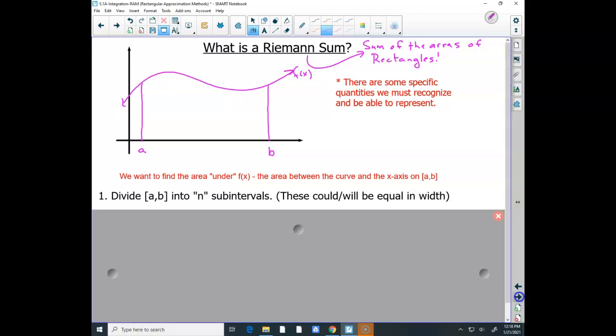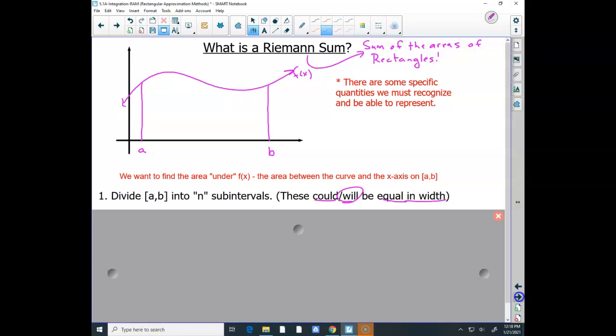Okay? Now these don't have to be equal in width, but for us, they will be equal in width. If you look in your book, they do not have to be equal in width. However, we're going to make them all equal in width because it's going to make our calculations easier.